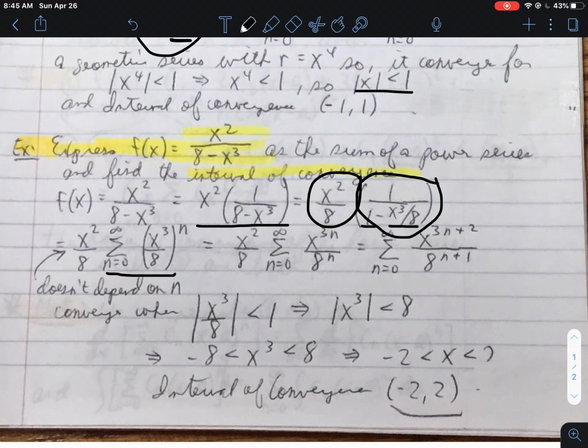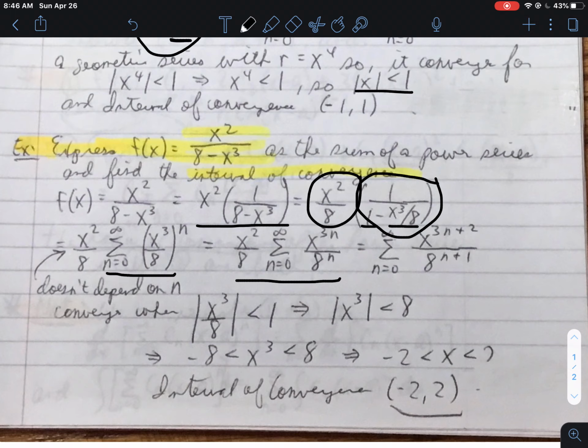So that'll give us x squared over 8 times the sum as n goes from 0 to infinity of x to the 3n over 8 to the n. And then I'm just bringing back in the x squared over 8 into our series, redistributing what I originally pulled out. So that'll give me x to the 3n times x squared, which is x to the 3n plus 2.